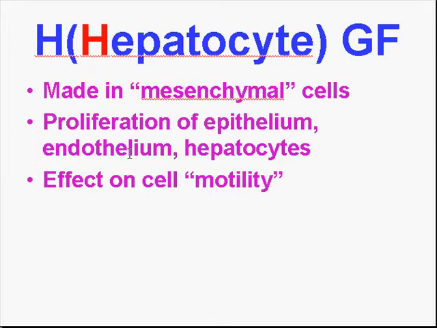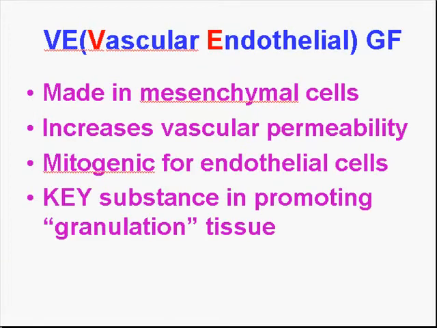And it's made in mesenchymal cells, which means connective tissue cells, not epithelial cells. So here's a case like we see in embryology, where the connective tissue is producing substances to differentiate the epithelial-like tissues. Hepatocyte growth factor, HGF, also has an effect on cell motility.